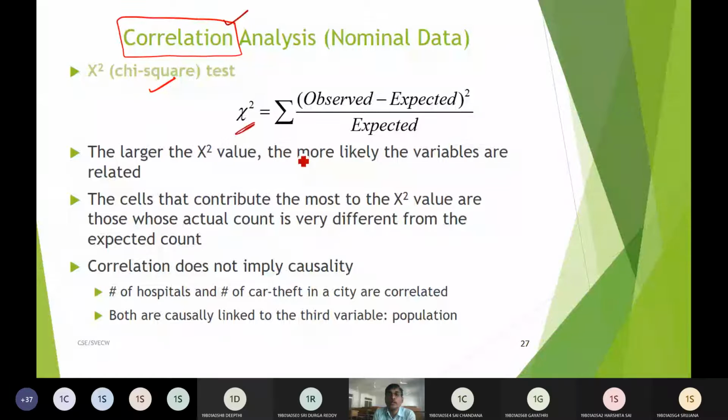So we get a sigma operation over all the attributes of observed minus the expected. So we will be computing all the elements. So here is an example of calculating the chi-square method.